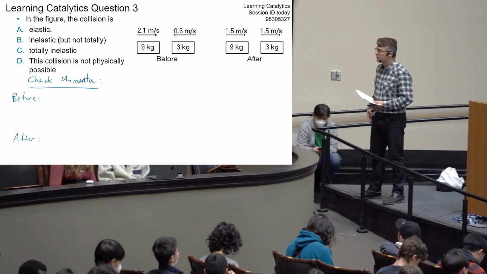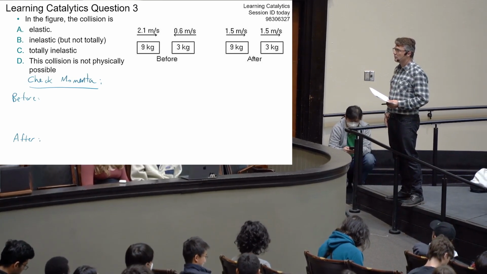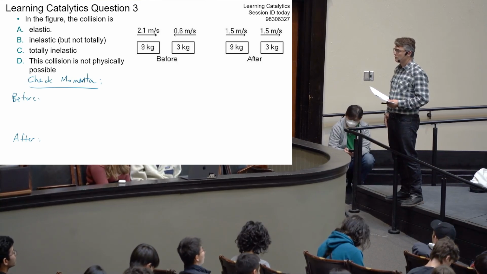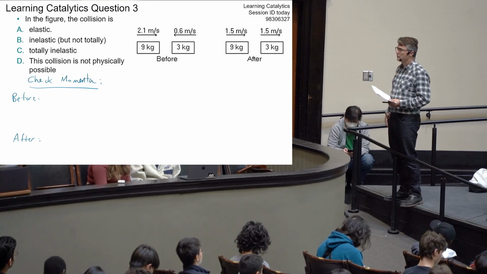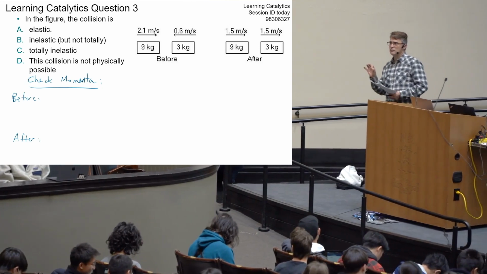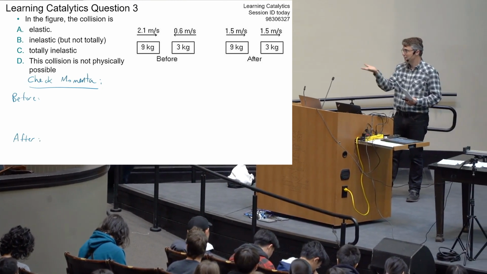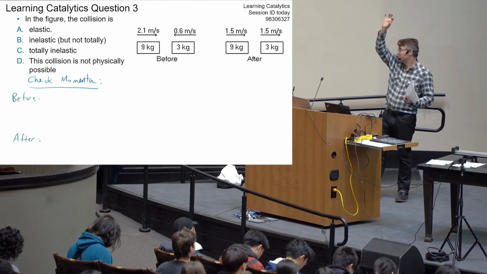Is there any questions from the discussion board? Someone asked that during explosions we can neglect impulse because the time is very small. What about the force? Is it big or small? Well, that's a great question. So the external force, like if you throw a firecracker up in the air and then it explodes, which you probably shouldn't do while you're holding it, the external force is the force of gravity on the firecracker.